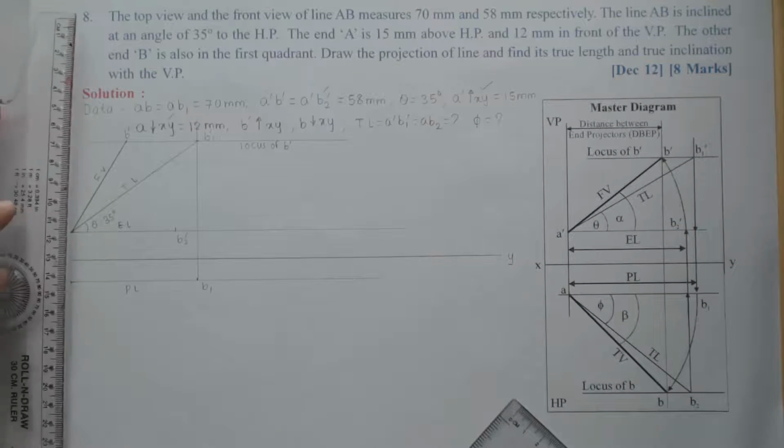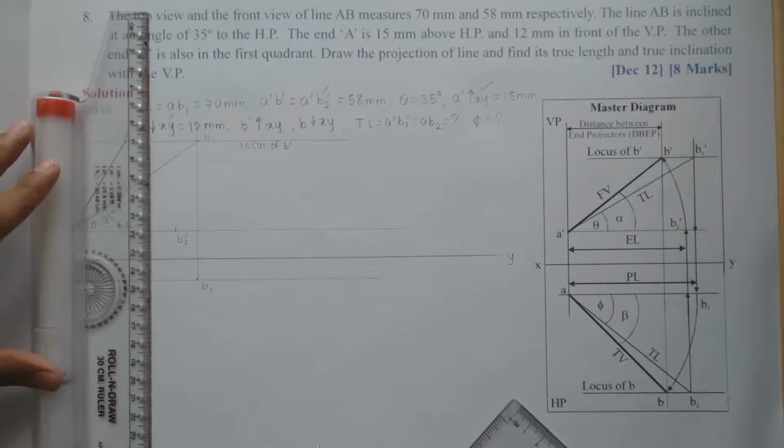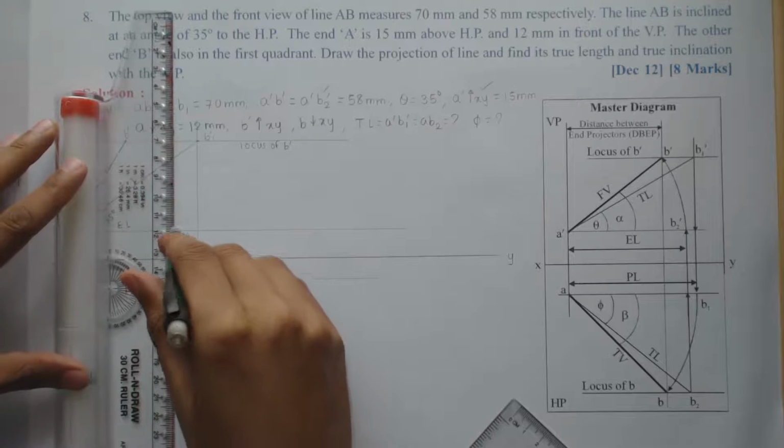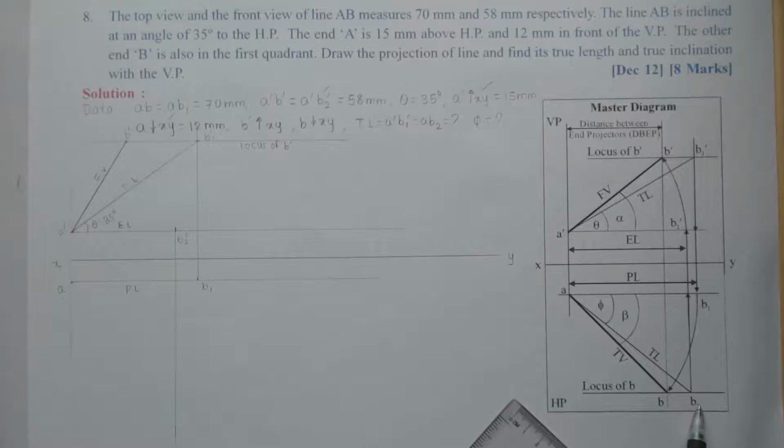So I'll drop a vertical projector from B2 dash, and I'm sure point B2 is going to lie on this vertical projector.